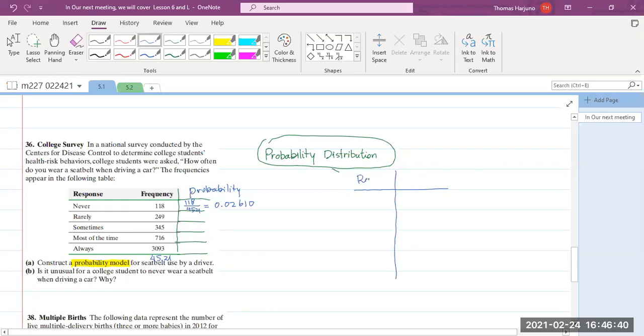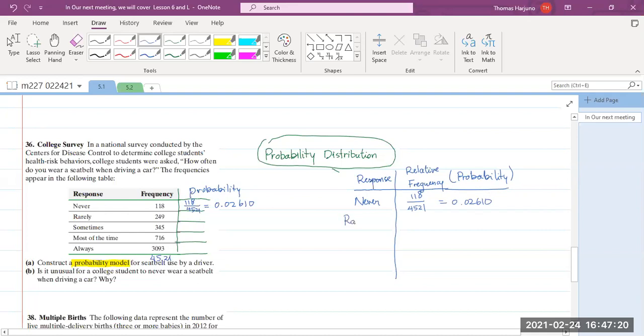Okay, so the response, and then relative frequency, which will be our probability. The response never is 118 over 4521 in decimal. If you make it decimal in my class, 5 decimal places.